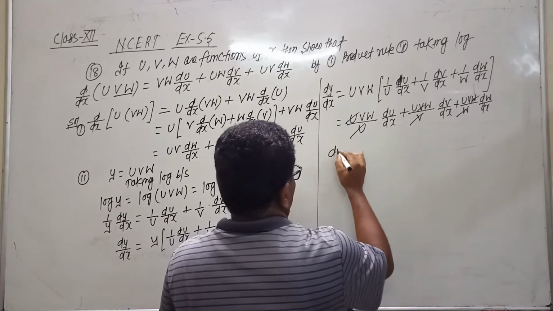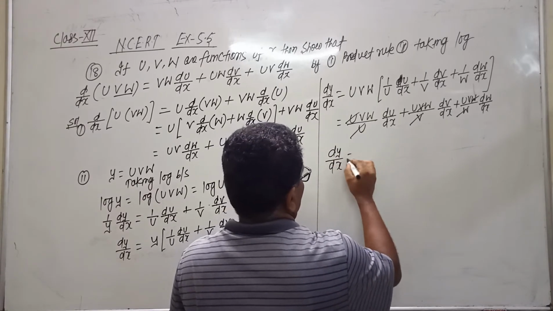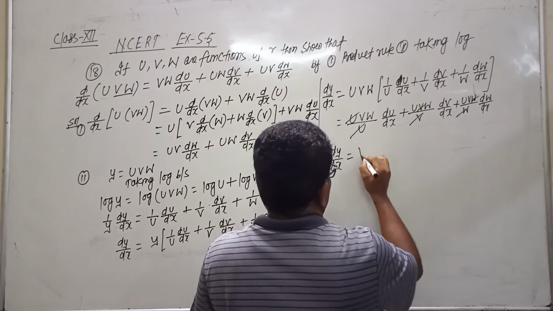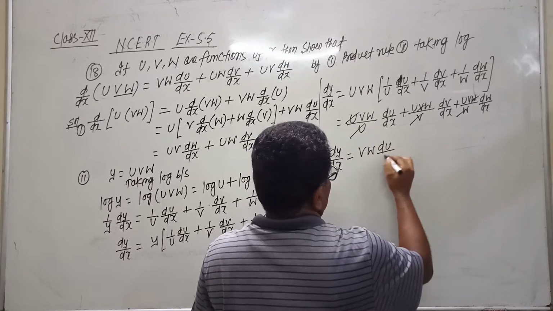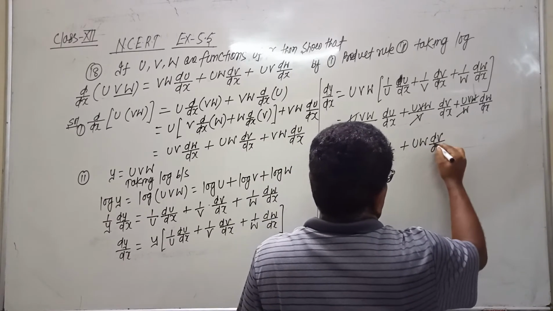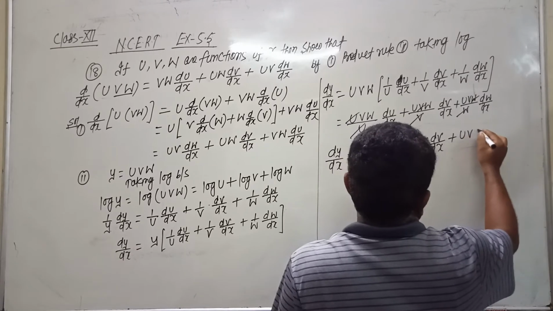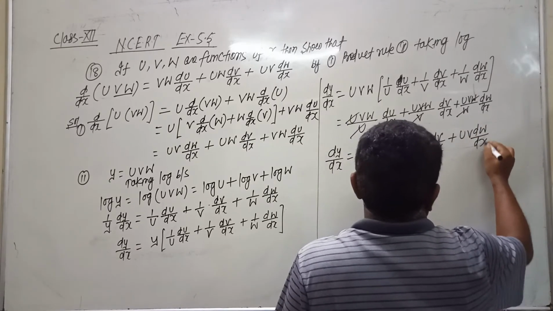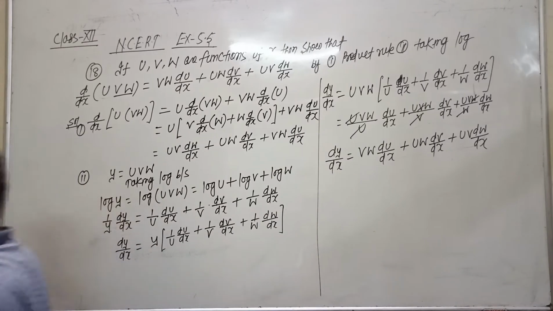So the result comes to be dy by dx equals vw du by dx plus uw dv by dx plus uv dw by dx. So we get the result by product rule and by taking logarithm.